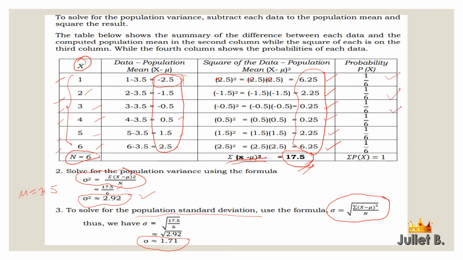Same with 3, 1 over 6. 4 is 1 over 6 also. 5 is 1 over 6 also. And 6 is also 1 over 6. When we add all the probabilities, the sum is 1. Now that we have the population and the probability itself, we may now proceed to constructing the probability histogram.